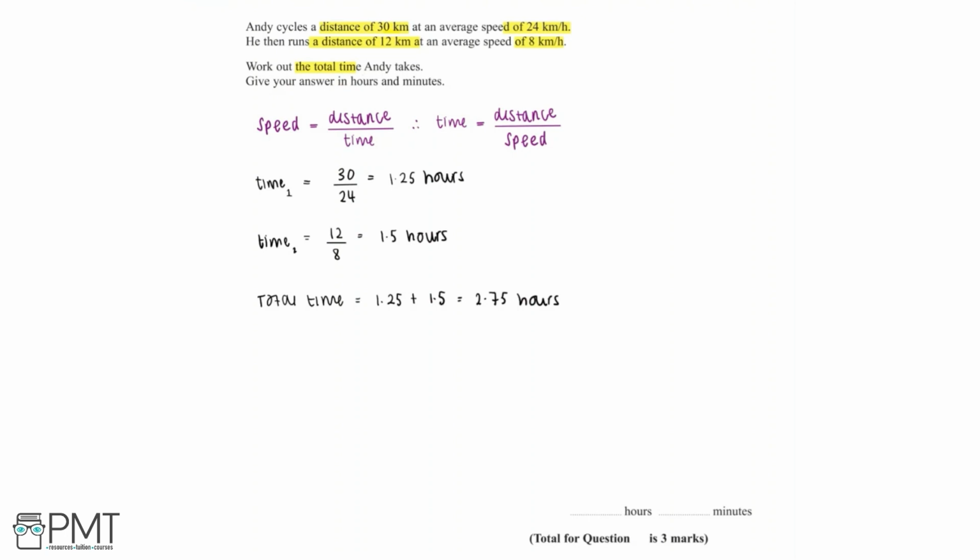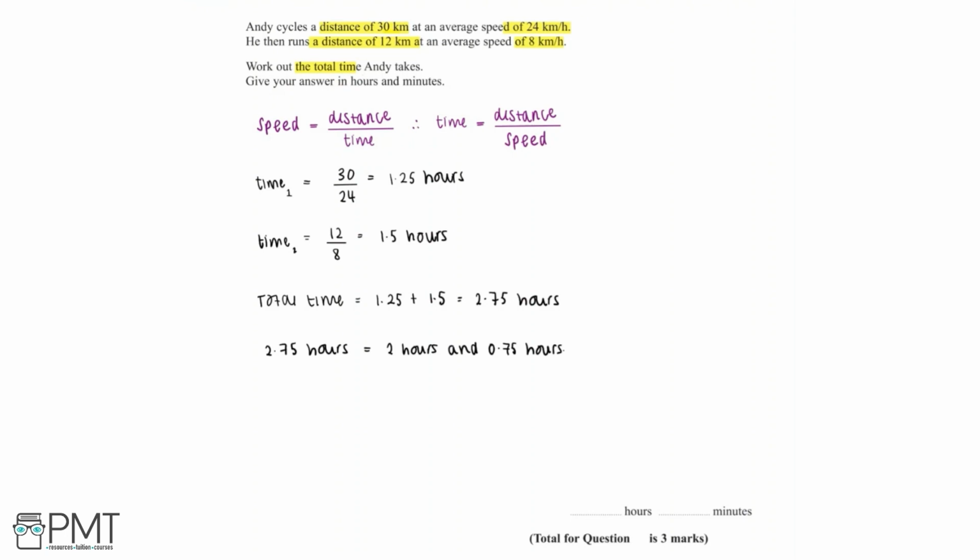We can write 2.75 hours in a slightly different way. We can say that 2.75 hours is equivalent to 2 hours and 0.75 hours, because 2 plus 0.75 is equal to 2.75. And so we know that Andy takes 2 hours and then 0.75 hours. But now to give our answer in hours and minutes, we need to convert 0.75 hours into minutes.